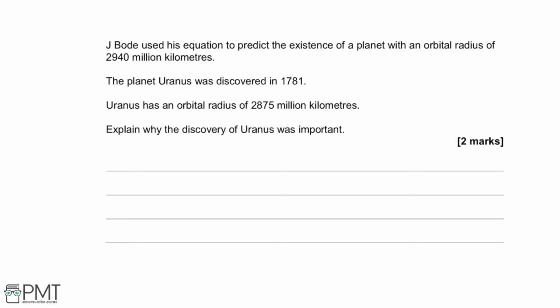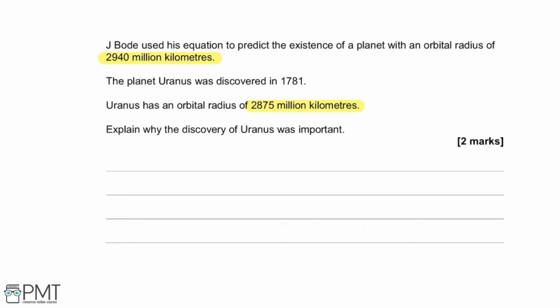So we can see here, he predicted that there would be a planet with an orbital radius of 2,940 million kilometres. And then later they discovered Uranus, which has an orbital radius of 2,875 million kilometres. You can see that those values are very close.